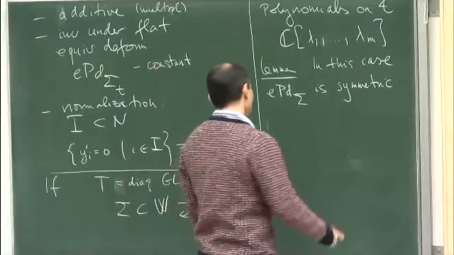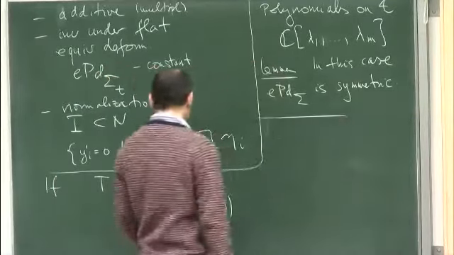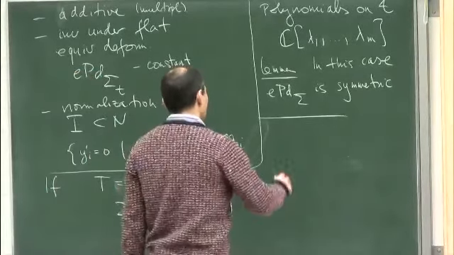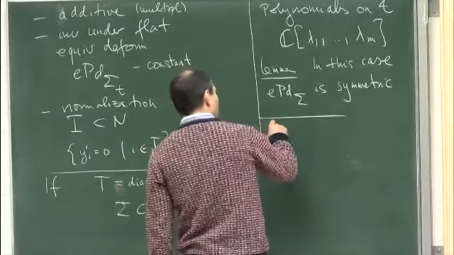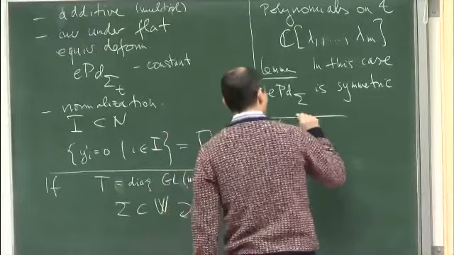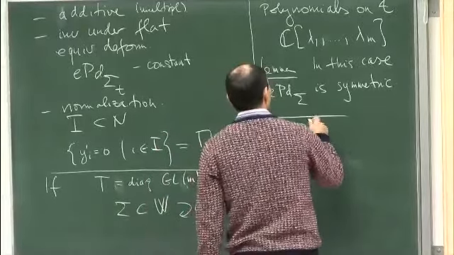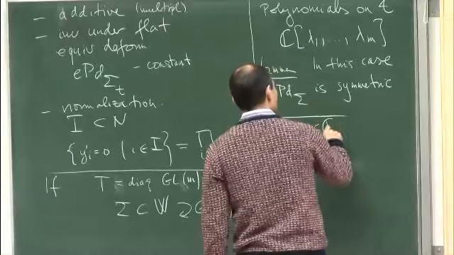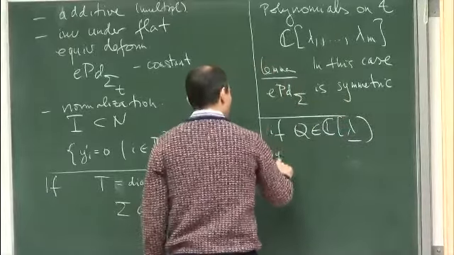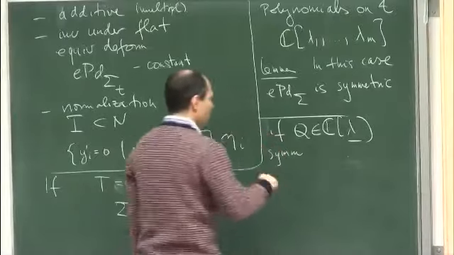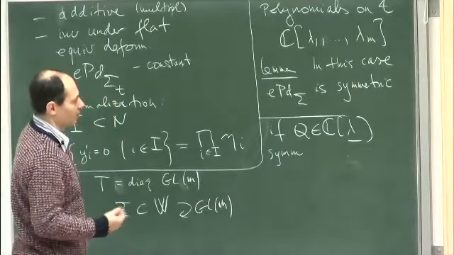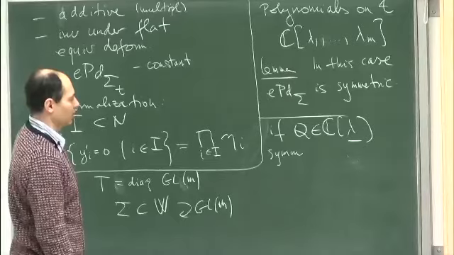Okay. Now, once I do have a symmetric polynomial, then one little observation is that if Q is a symmetric polynomial in this ring, then you can define a universal characteristic class using it, right?